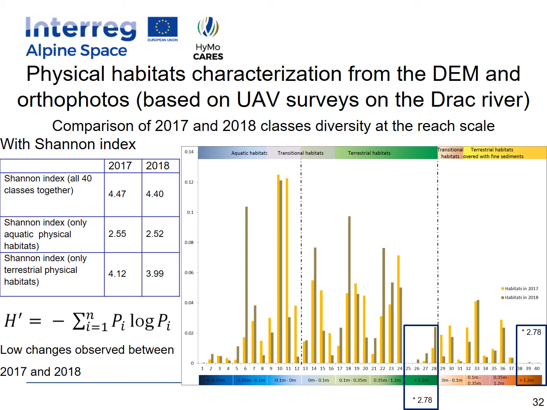All physical habitat types taken together, the average size of the sediments decreased between 2017 and 2018.